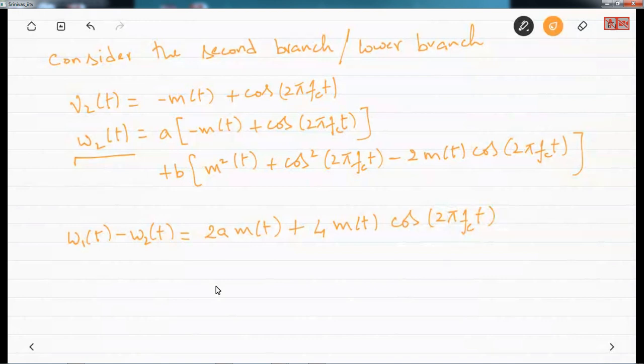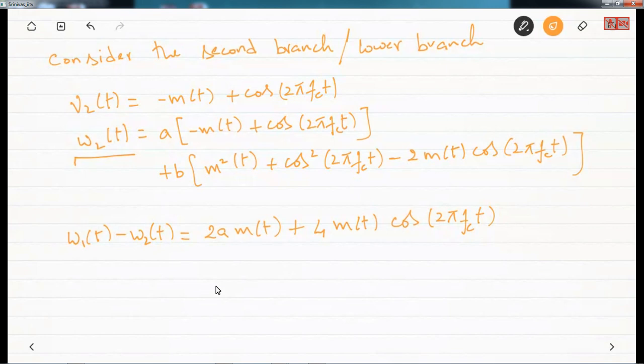You can take a minute to see how it came. It's nothing but some arithmetic addition. We have w1 of t in the previous space, and then we have w2 of t now, and we subtracted w2 of t from w1 of t, and then we got this, right?